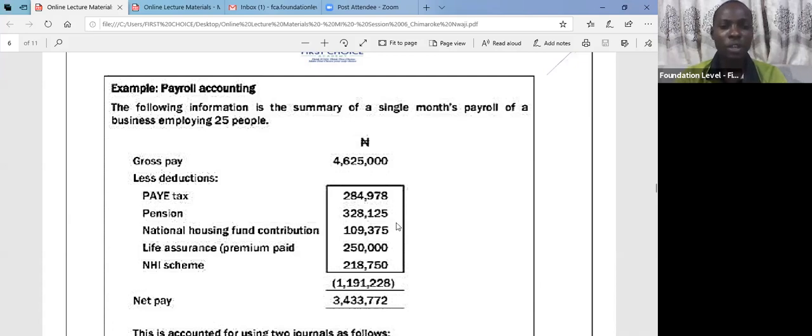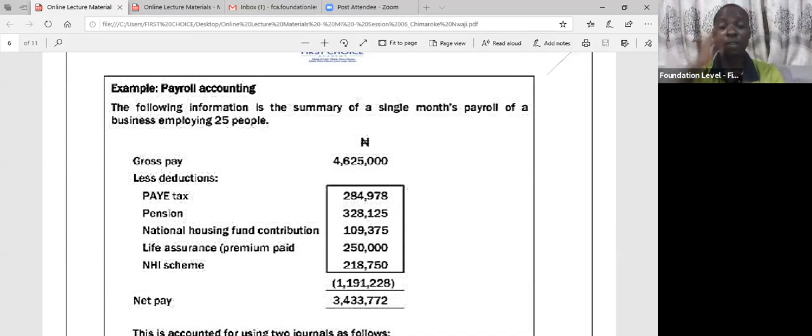So when you deduct all of these, let's add them together: 284,978 plus 328,125 plus 109,375 plus 250,000 plus 218,750.